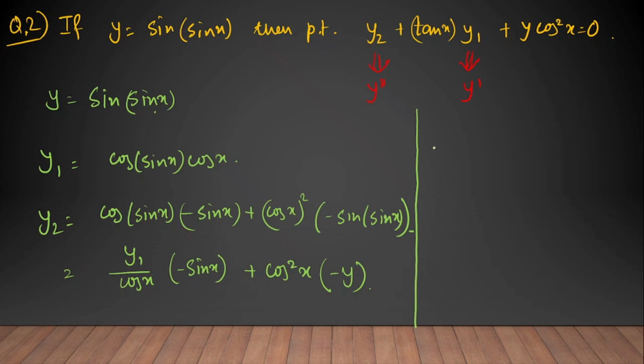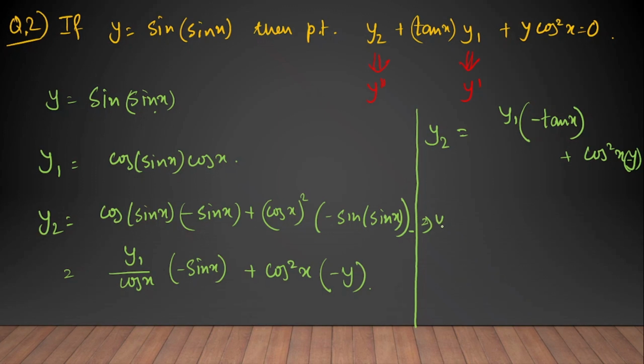After that we can write y2 equals y1 into minus of sin x divided by cos x, that is minus of tan x, plus cos square x into minus y.